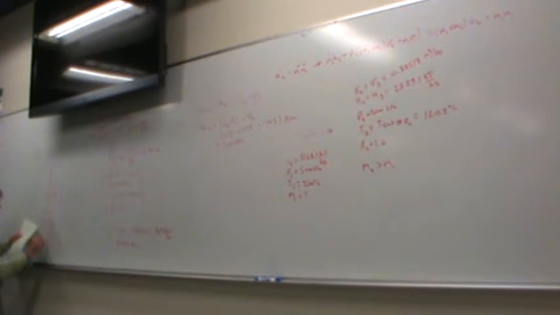Supply line supplies, what is it, steam? Yeah. So steam at a pressure of 1,500 kilopascals and a temperature of 200 degrees Celsius. So we're going to open the valve and let some mass come in.